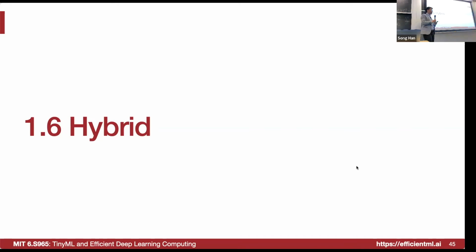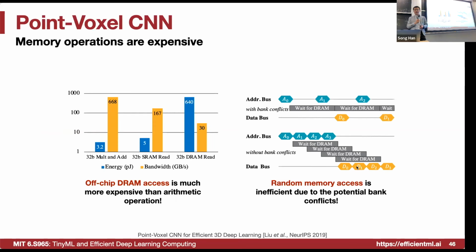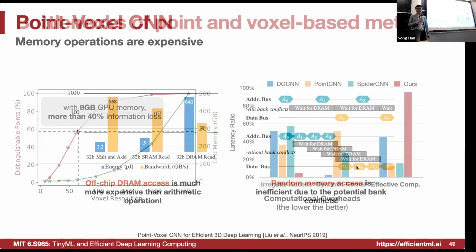So that naturally raises the question: can we use some kind of hybrid representation that gives us the best of both worlds? Remember, memory access is very expensive. So our goal is to use a hybrid method that tries to reduce the DRAM access and avoid random memory access to have consecutive memory access.